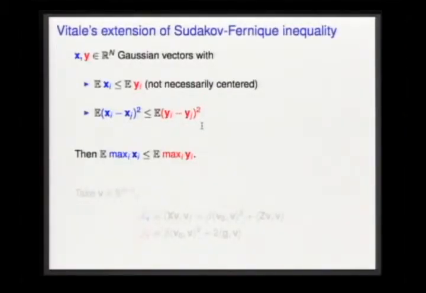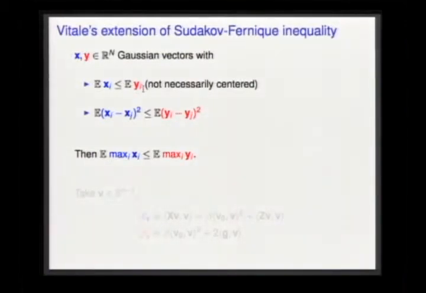So for the first part, which is the upper bound and the value of the problem, we use an extension of the Sudakov-Fernik inequality, which is the following. If you have two Gaussian random vectors, x and y, where element-wise they satisfy this inequality: the expectation of each entry of x is smaller than the expectation of the corresponding entry of y.